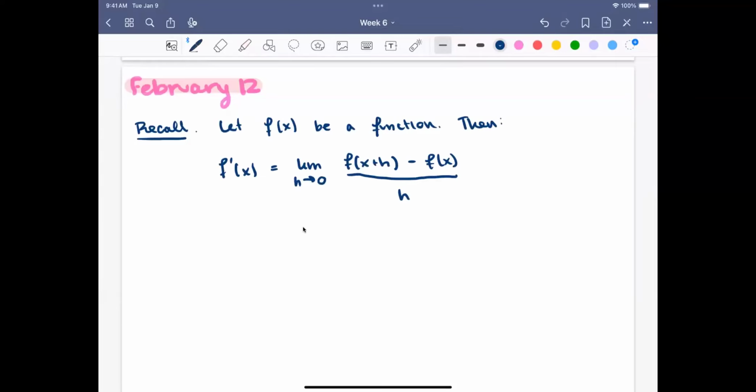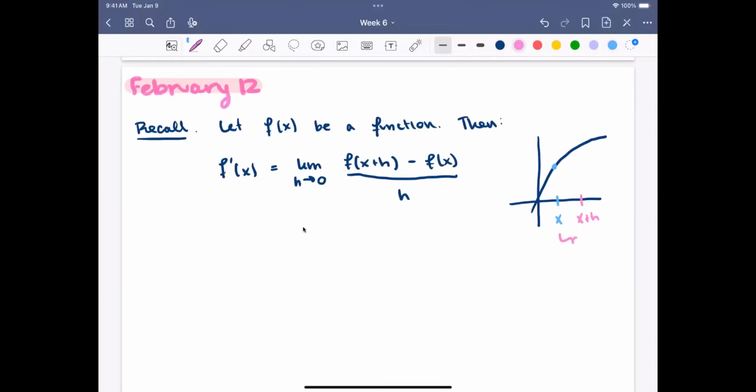The idea behind this was that if I plug in any particular value of x, then f prime will tell me the slope of the tangent line to the graph at that particular x value. And the reason why that is described by this limit, you can remember with a little picture. Say this is the graph of my function, and I want to know the slope at this particular x value. Then I can look at another point nearby called x plus h.